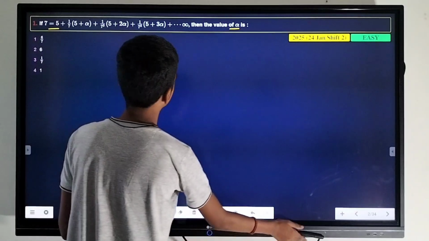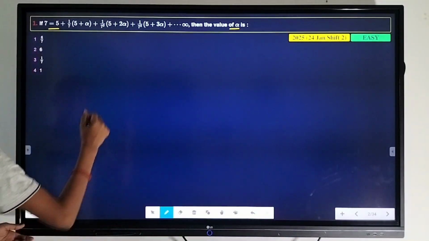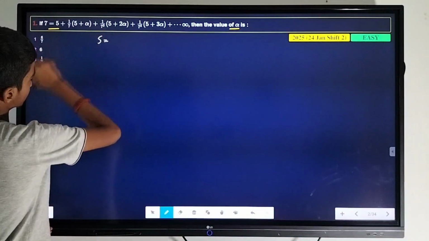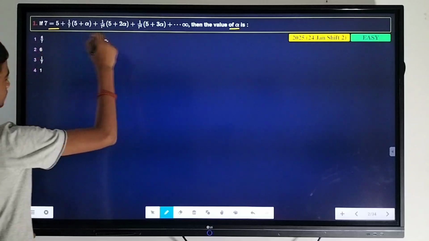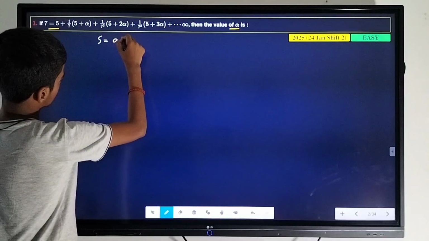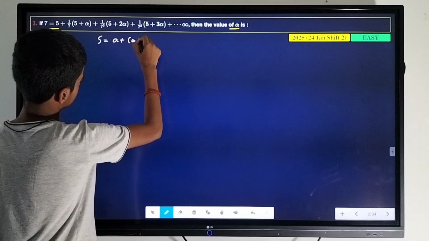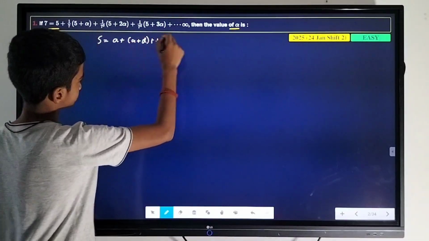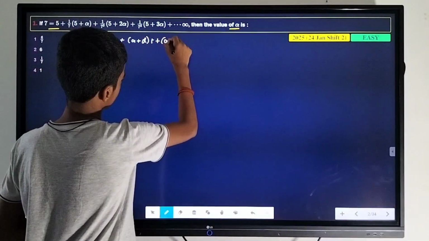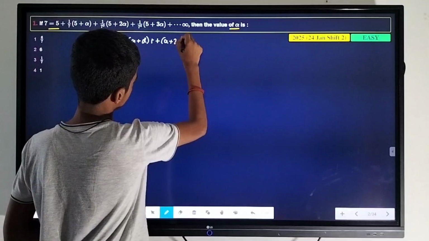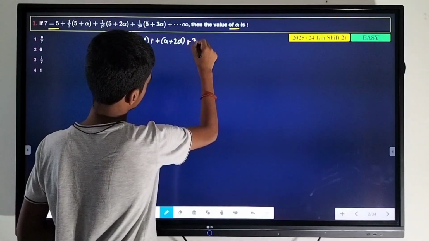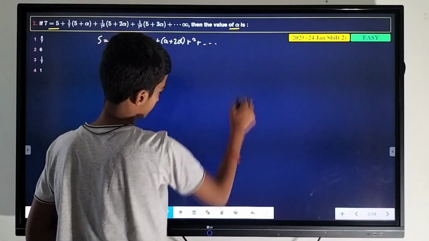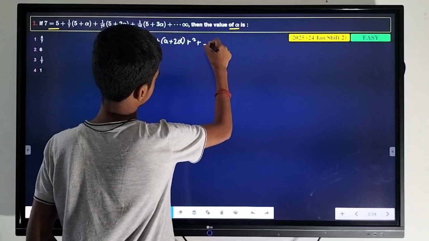So first let me write the general form of infinite AGP. A plus (A plus D) into R plus (A plus 2D) into R square and going on till infinity.